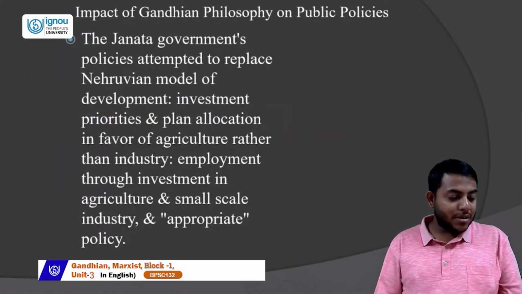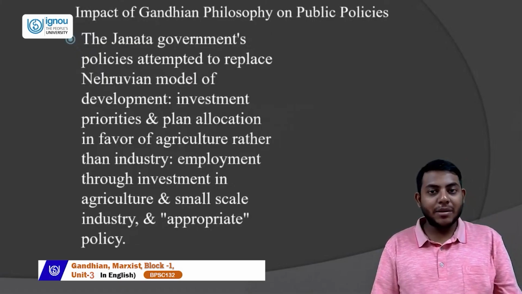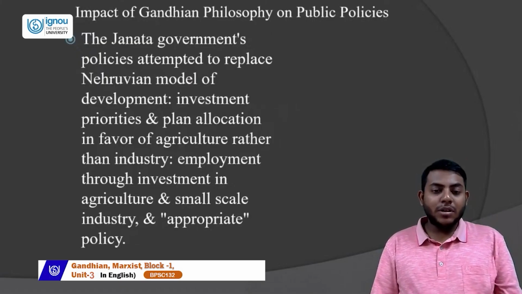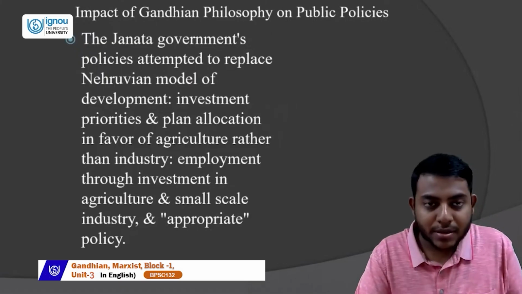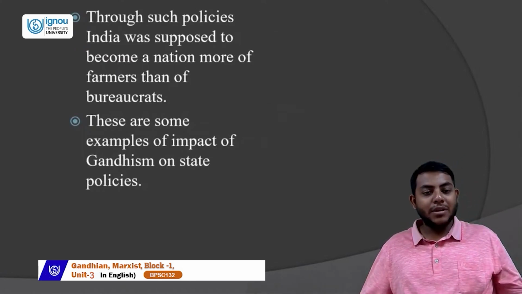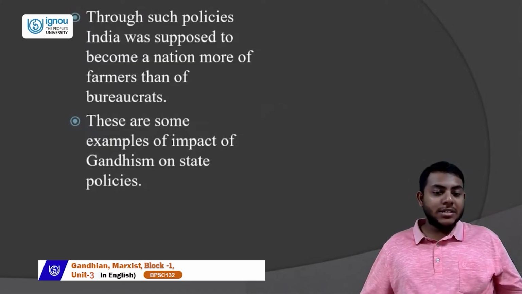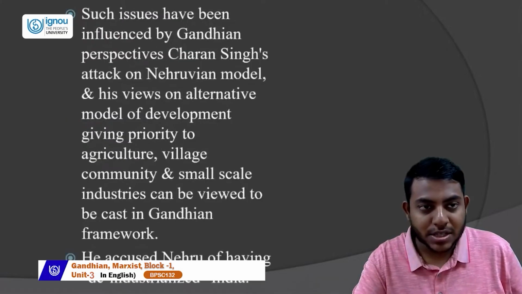The Janata government also undid many of the things that were done by the 42nd Constitutional Amendment through the 44th Constitutional Amendment. Through such policies, India was supposed to become a nation more of farmers than of bureaucrats, according to the Janata government. These are some examples of the impact of Gandhism on state policies.